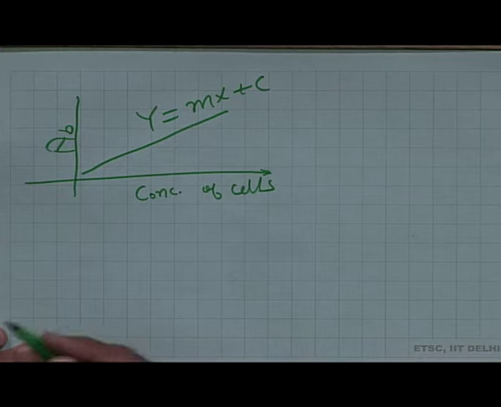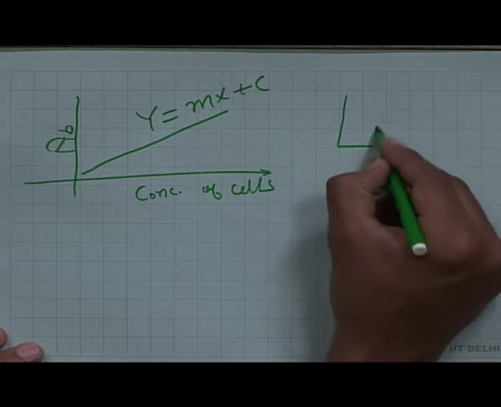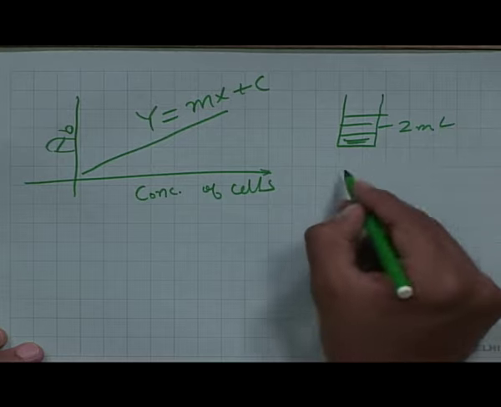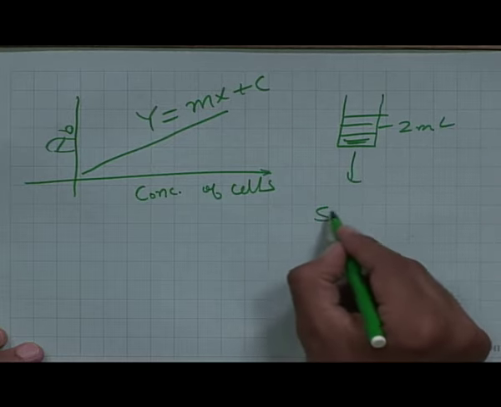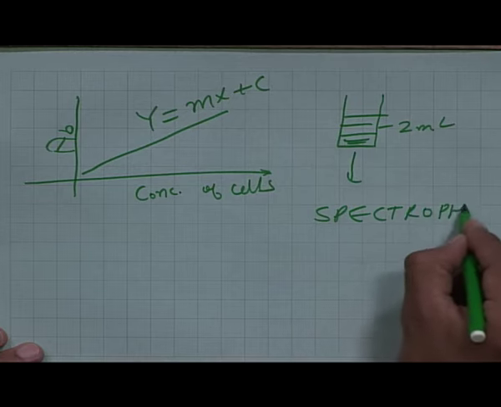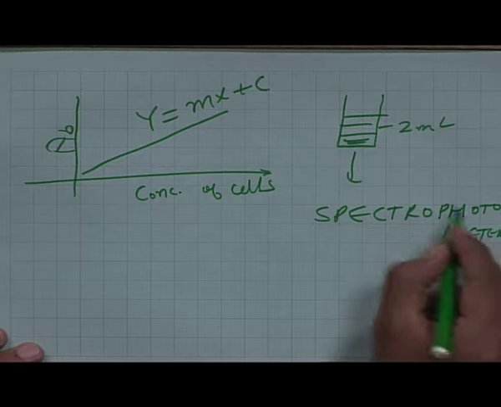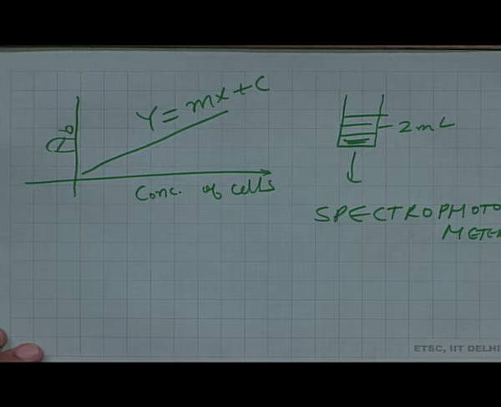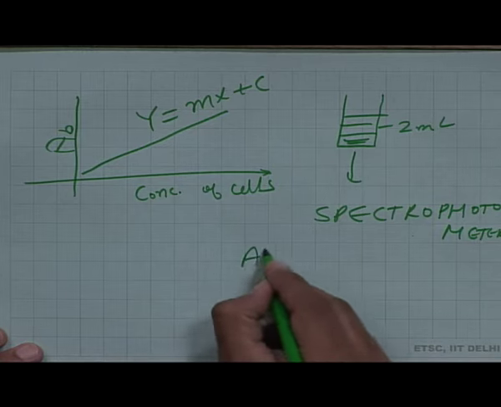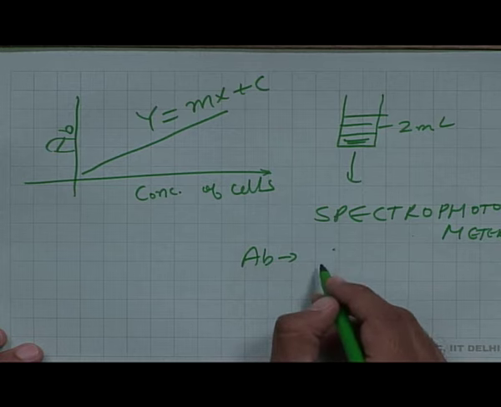So, now when you do an experiment, you take a cuvette, you fill it with 2 milliliters, you put this in your spectrophotometer. This is a machine that measures the absorbance. So, you put it over here and then you get an absorbance value. Let's call it Z.